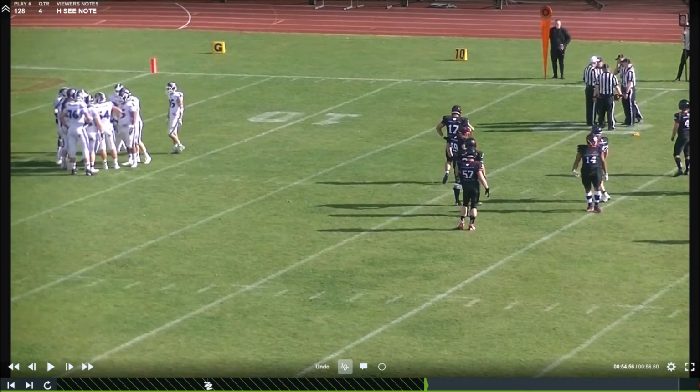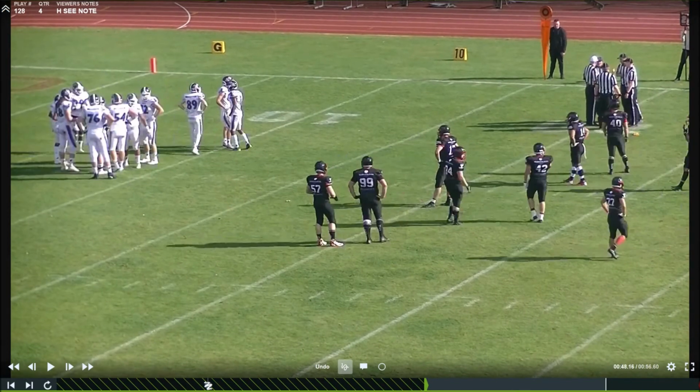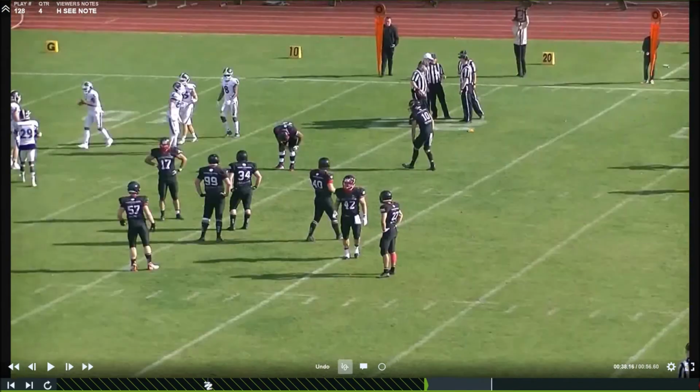Yeah. The only situation is if the blocking downfield, if the OPI could have prevented an interception, even though it was thrown away. Yeah. And you can see the linesman had a feeling about it because the quarterback does sort of push him.